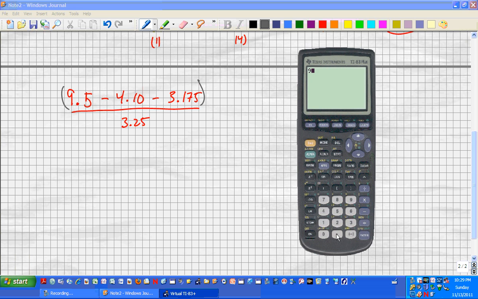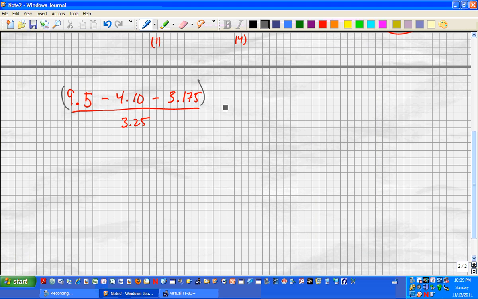So I've got 9.5 minus 4.10 minus 3.175, and I hit enter and I get 2.225. So that's going to wind up being 2.225 divided by 3.25.